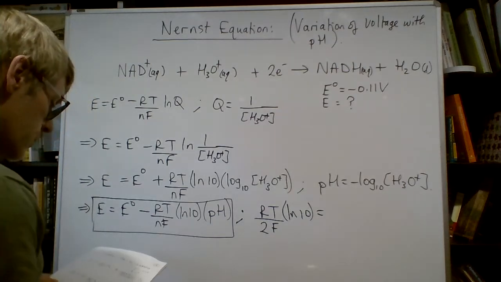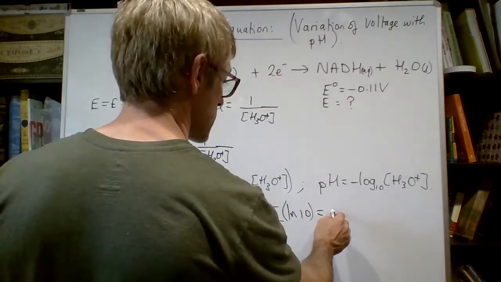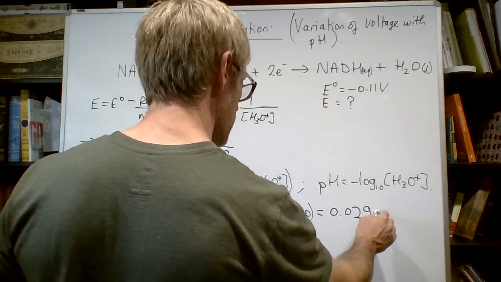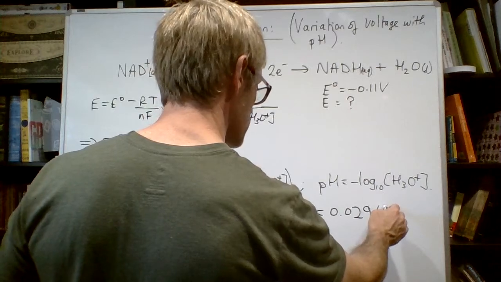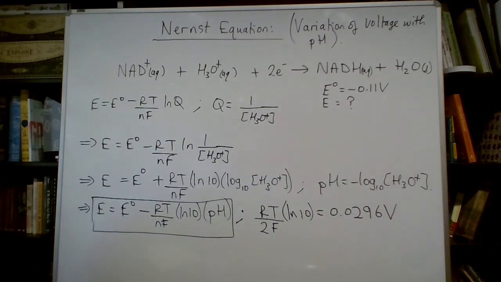Well, I know that if I convert this to volts, this is going to be equal to 0.0296 volts, or joule per coulomb, or volts. Okay, now I will have to clear the board and continue identifying what this all means.